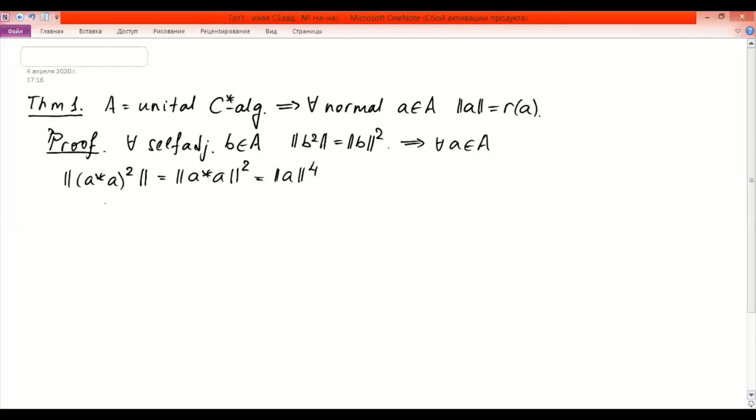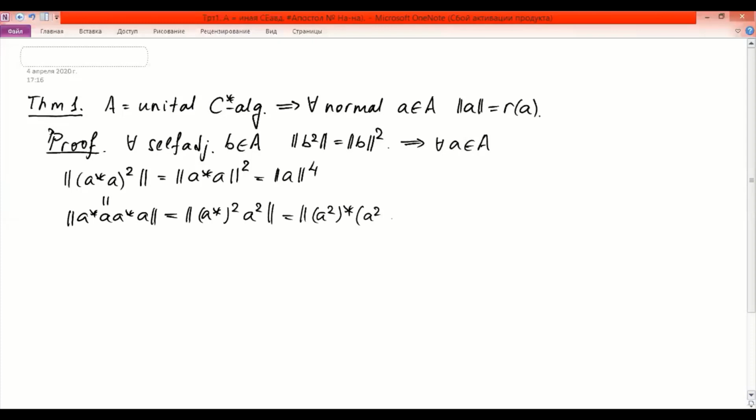And we can now write the left-hand side of this equality as follows. So this is the norm of A star A, A star A. But since A is normal, we can write this as A star squared multiplied by A squared. So here we use the assumption that our element is normal. Equivalently, this is A squared star multiplied by A squared.